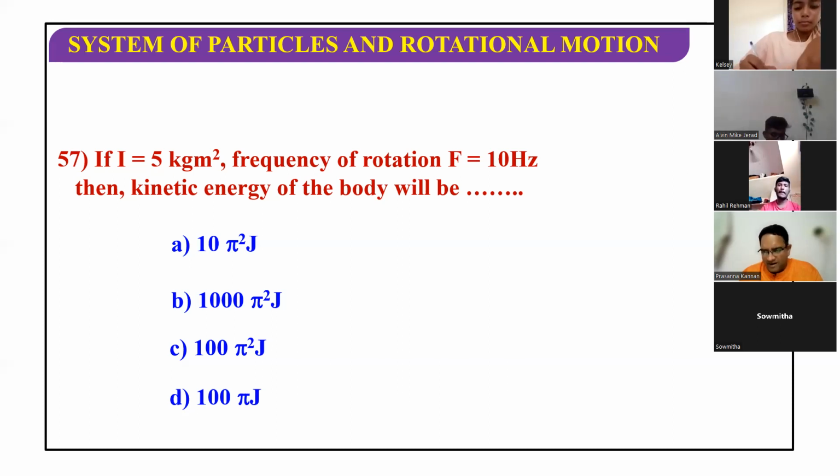So kinetic energy can be written as half I omega square, but omega is 2 pi by T, and 1 by T can be written as F. Therefore, kinetic energy is equal to half I into 2 pi F the whole square. Instead of omega, you can write it as 2 pi F.